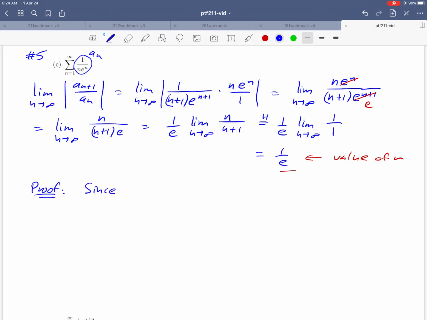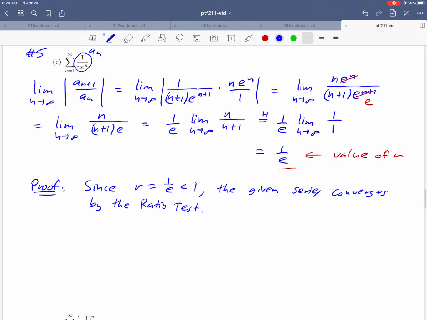The idea is that since the r that we got is less than 1, we know that the given series converges. Looks like we're done with part C here.